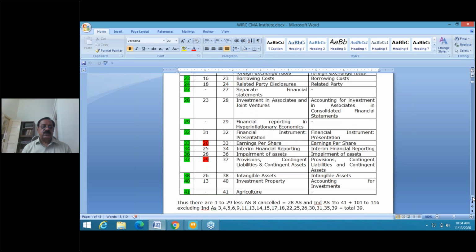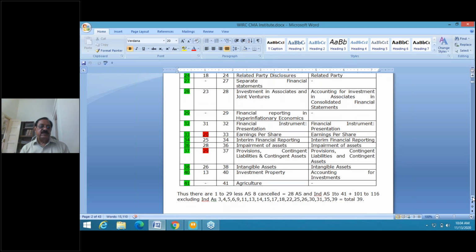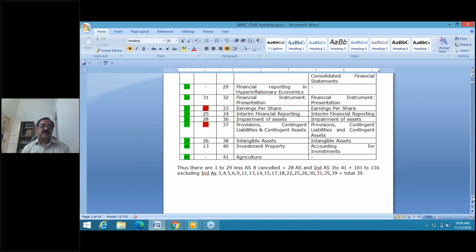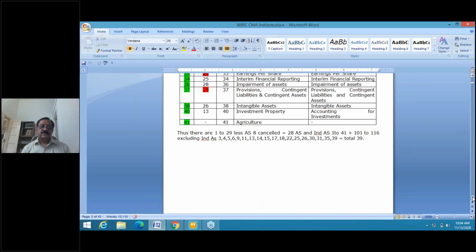Then I will go to your AS 20, which is Ind AS 33, regarding earning per share. Then AS 29, which is Ind AS 37, provisions, contingent liabilities and contingent assets. So these are some of the AS/Ind AS which I will be taking today, because I hope questions can be asked from this.